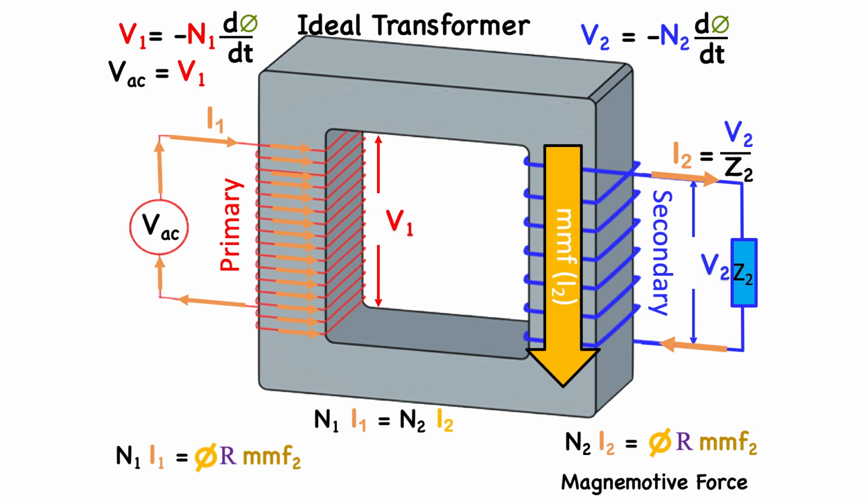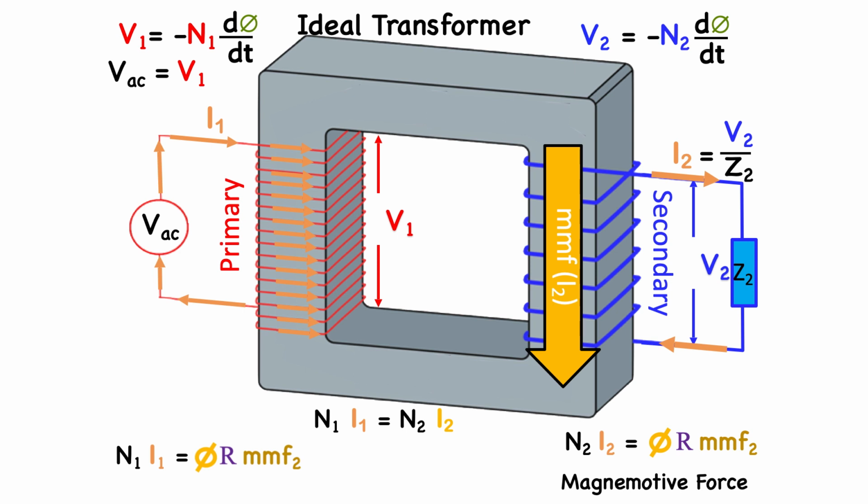Now remember Lenz's law, which states the induced current's magnetic fields oppose the change which produces it, or the induced magnetic field acts to keep the magnetic flux in the loop constant.